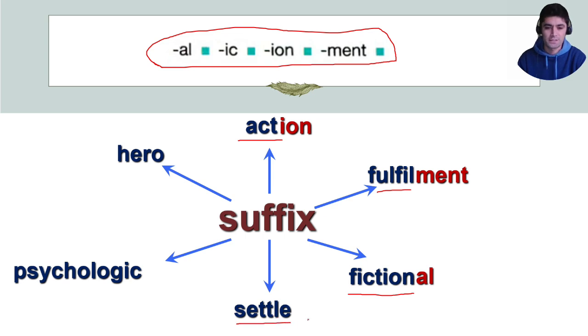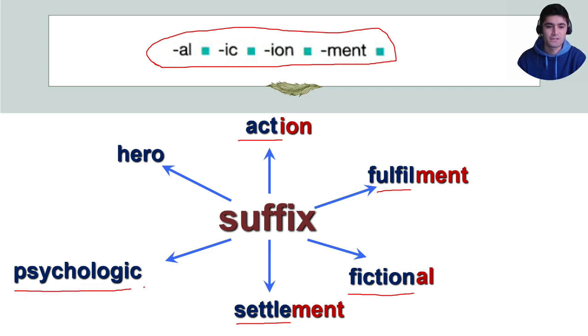Next word is settle. Settle is a verb, and when we add the suffix to the word settle, it becomes settlement, and settlement is a noun. Next word is psychologic.